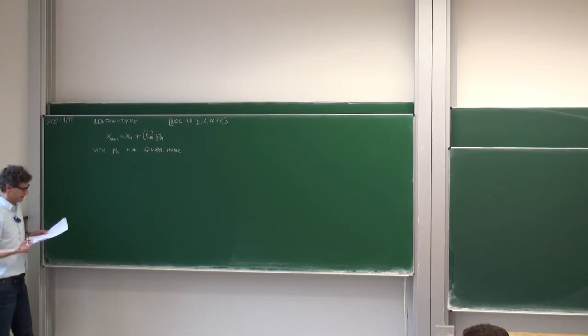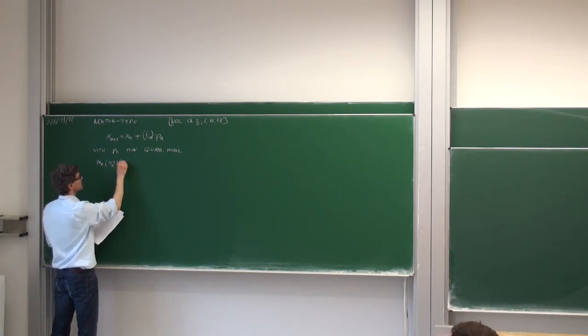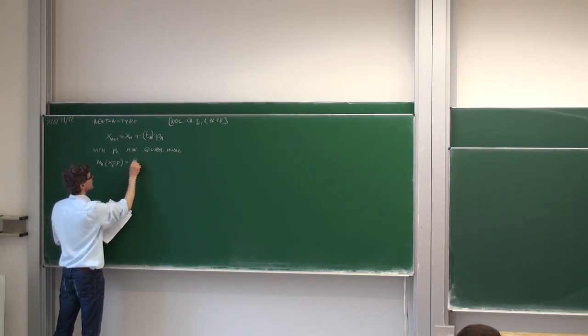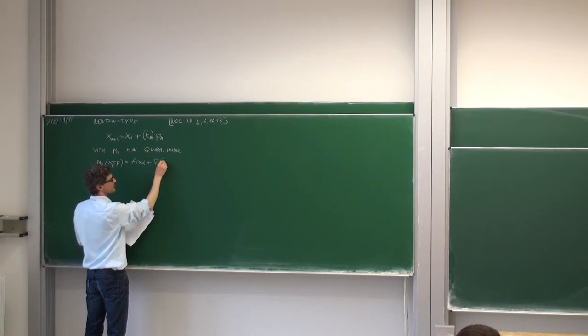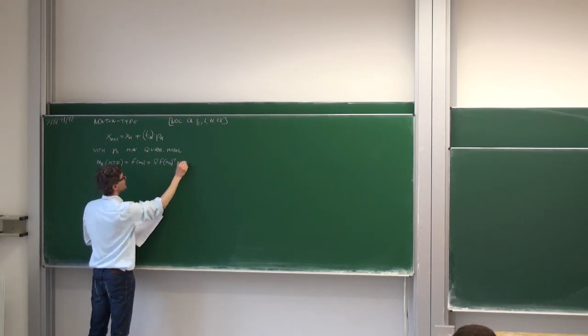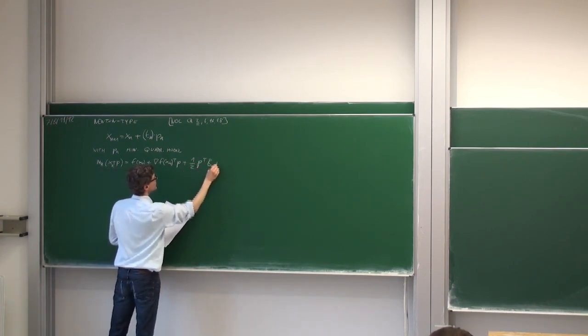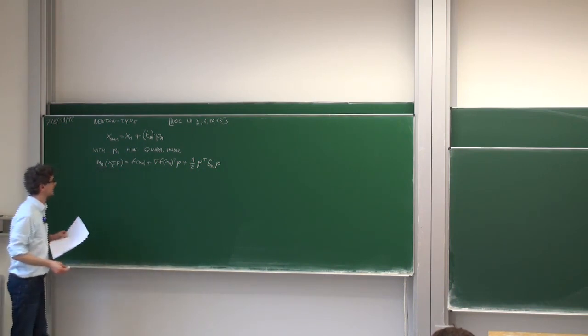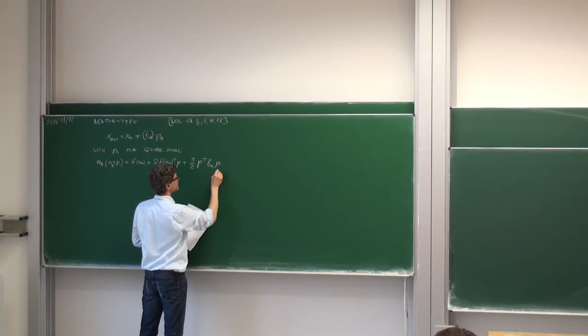This quadratic model m_k(x_k + p) is the objective function at the current iterate, plus the gradient times p, plus a second order approximation which uses the Hessian matrix. And what I wrote down is the unconstrained case.